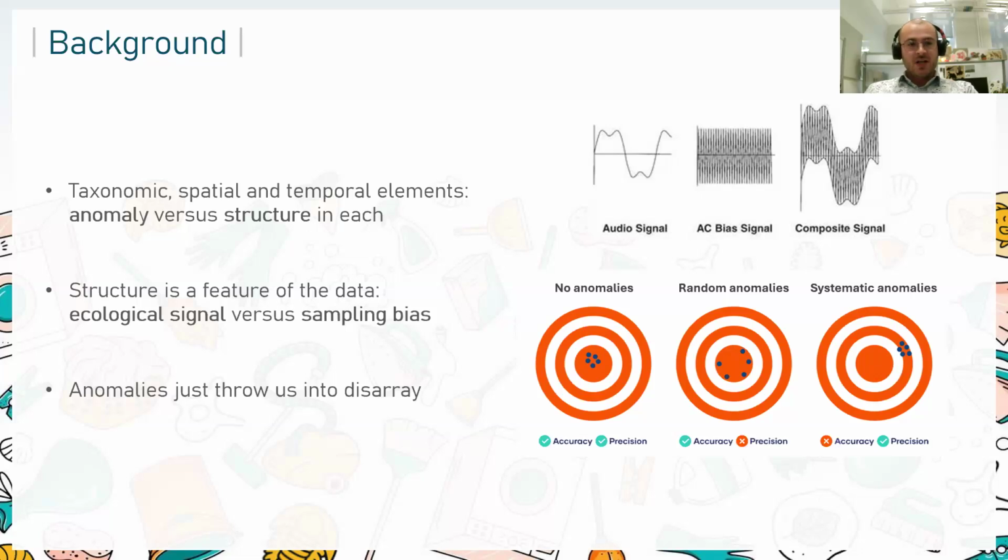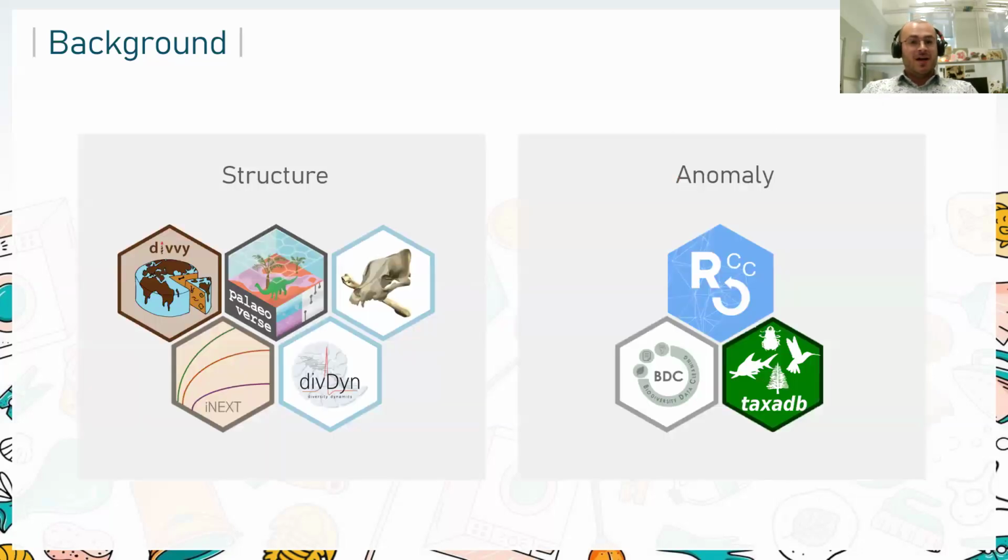So in terms of these two facets of fossil occurrence data sets, structure versus anomaly, dealing with and exploring their structure is a pretty well-known topic, and so correspondingly, there's quite a diverse landscape of tools out there for working with these data.